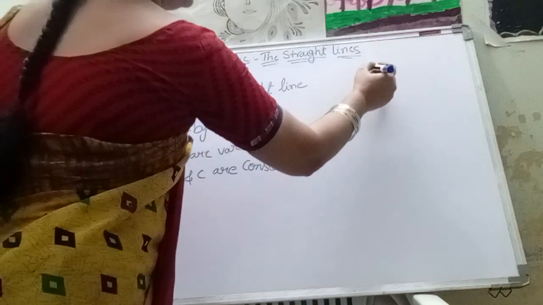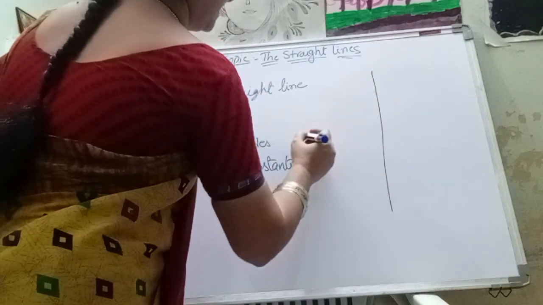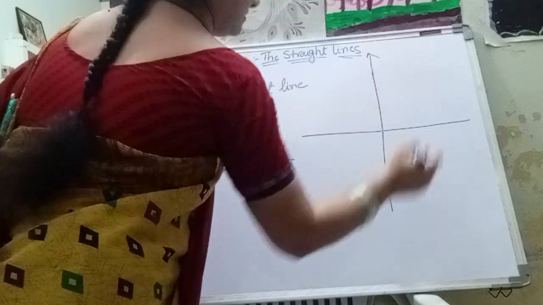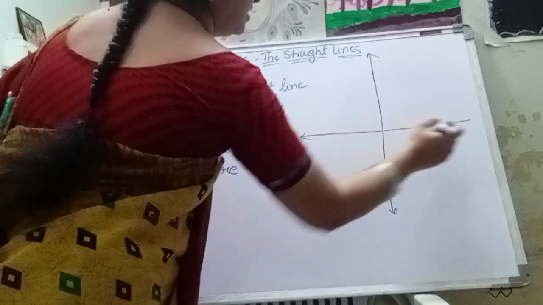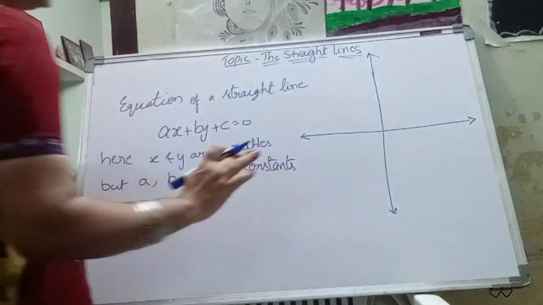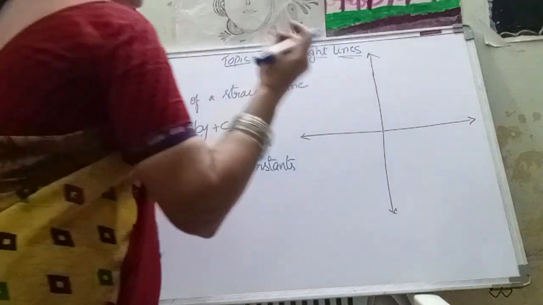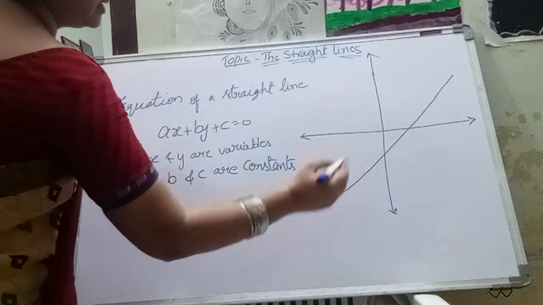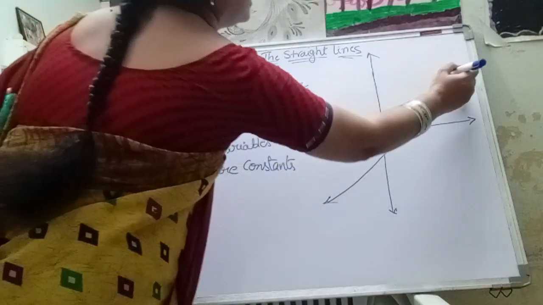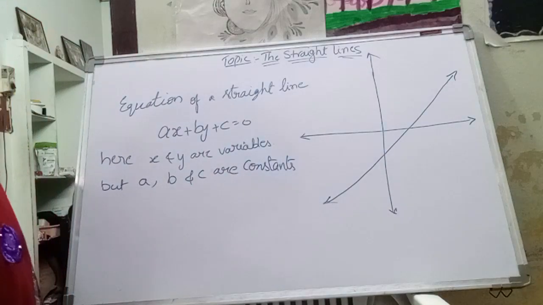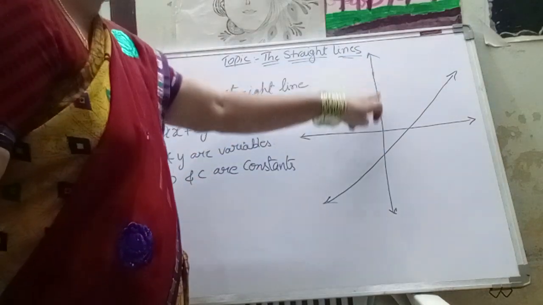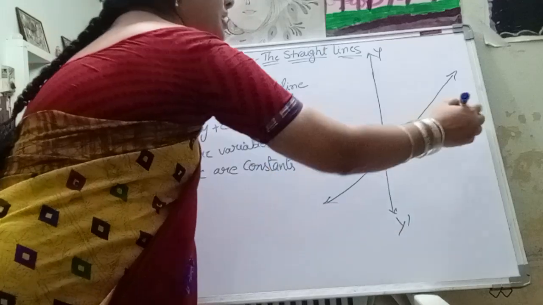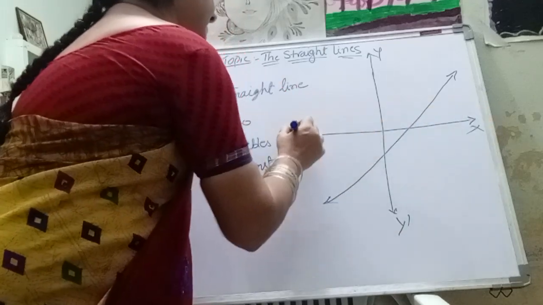Now, if we draw the coordinate axes in the coordinate plane, these two are straight lines. And I am taking one more line, which is non-vertical, because the vertical straight line is the y-axis and the horizontal line is the x-axis.